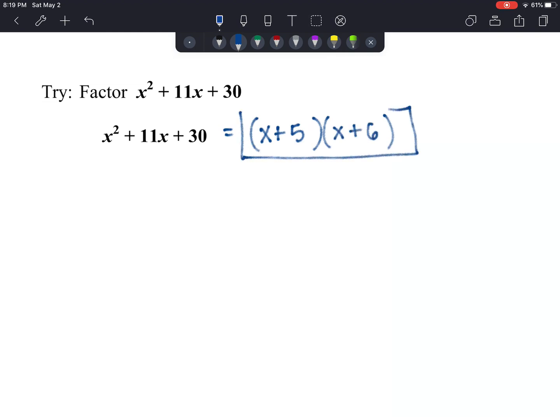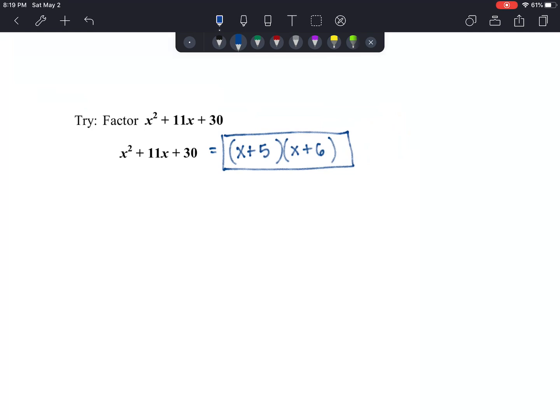And I did that all in my head because I've gotten a lot of practice factoring. And once you set your mind to it and you practice these, you'll get faster and faster at them. And you'll need to be able to factor these pretty quickly if you're going on to Algebra 2 and college algebra. Lots of factoring. So factoring continues all the way through calculus.